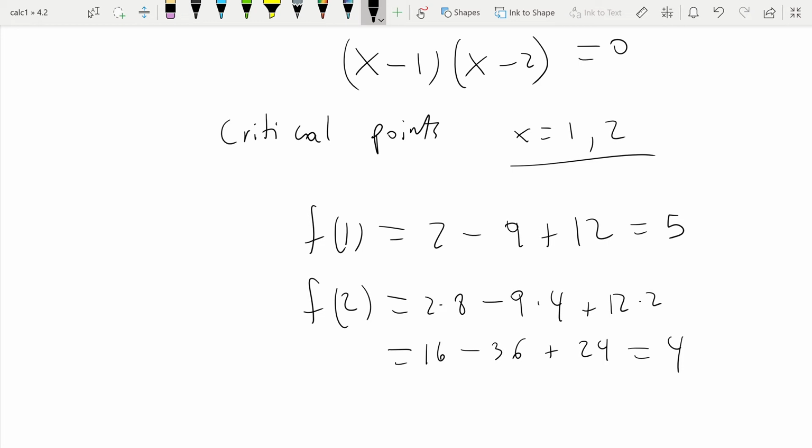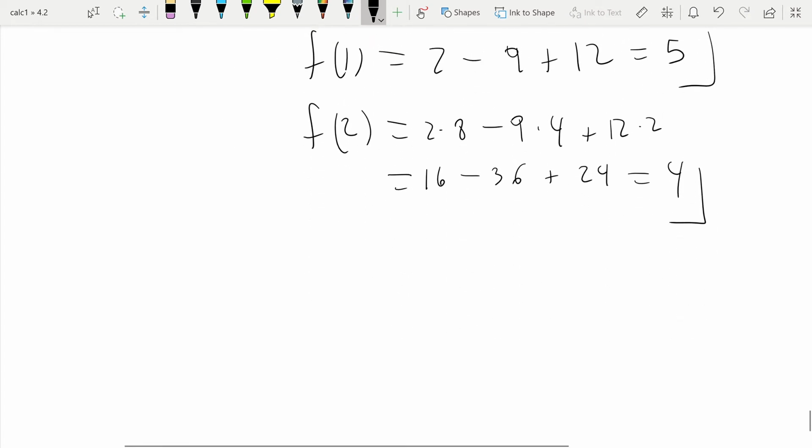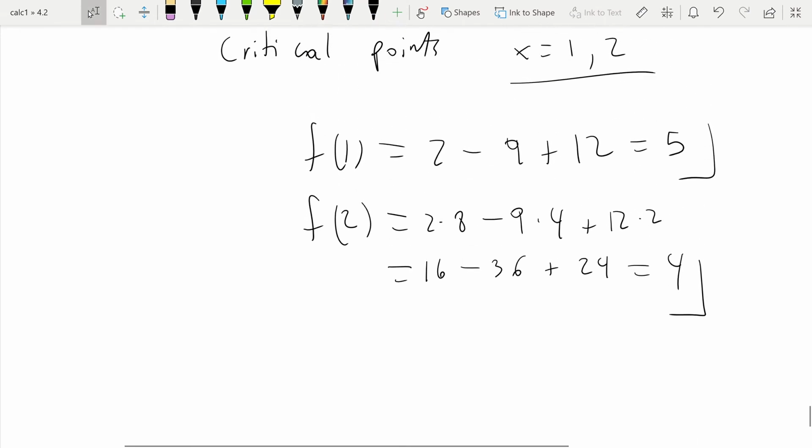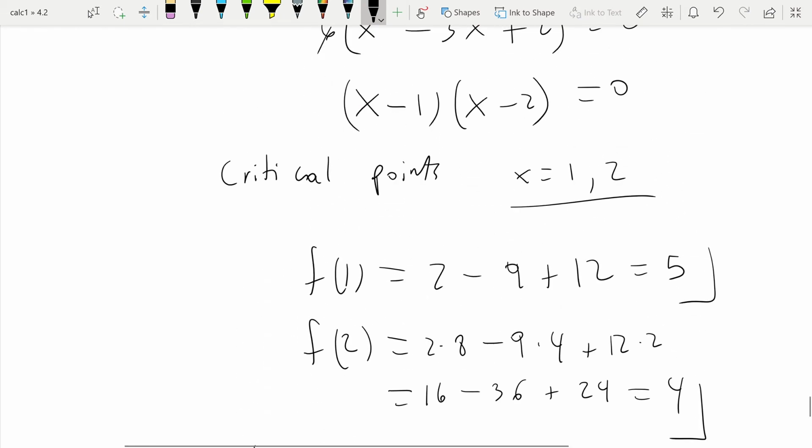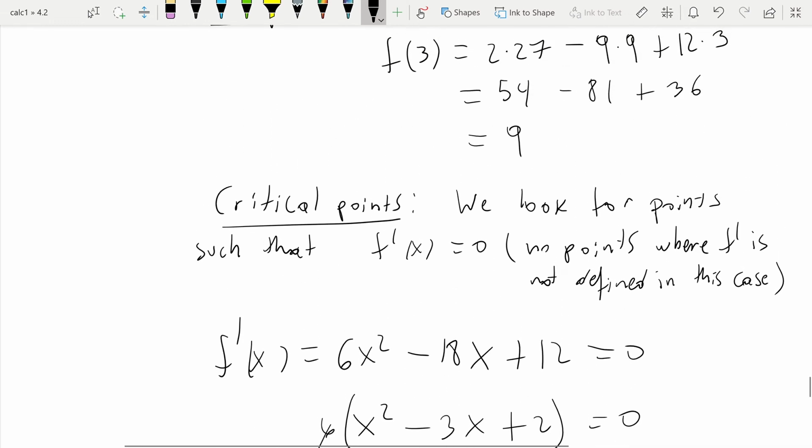Okay, so let's put all the values together. f of 0, which was equal to 0, and f at 3, which was equal to 9.